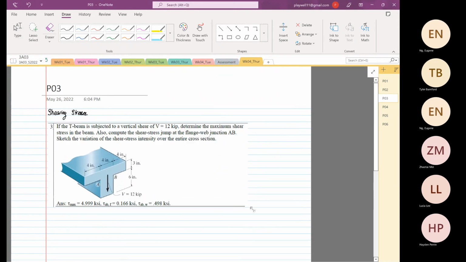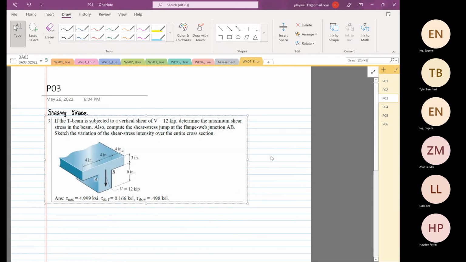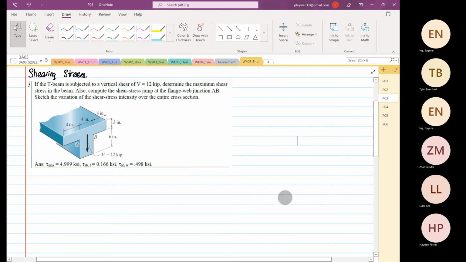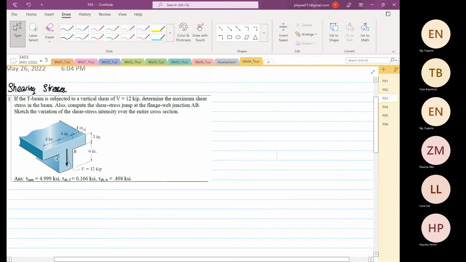So in shearing stress, what is most important are the rules that I wrote for you. And I hope before the term test you will remember the rules.